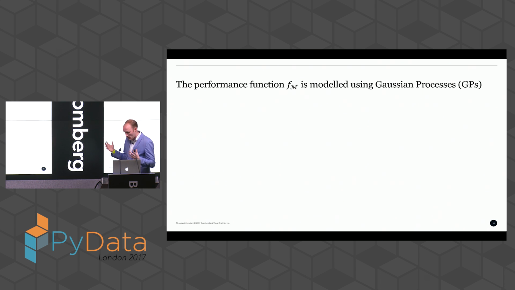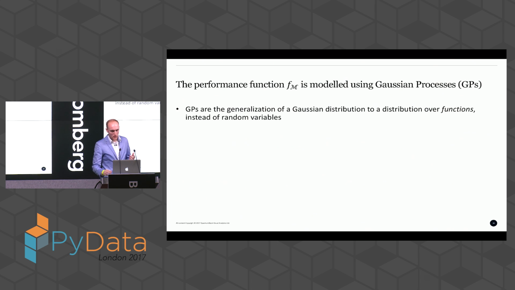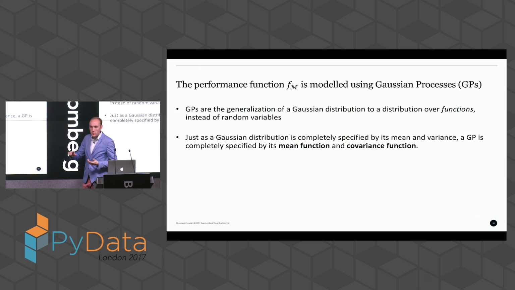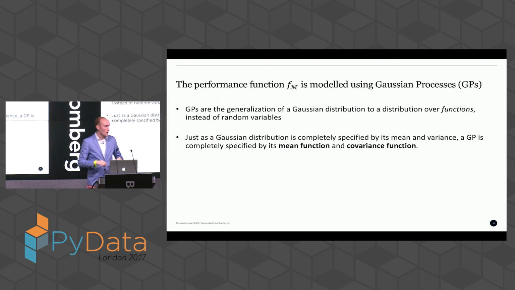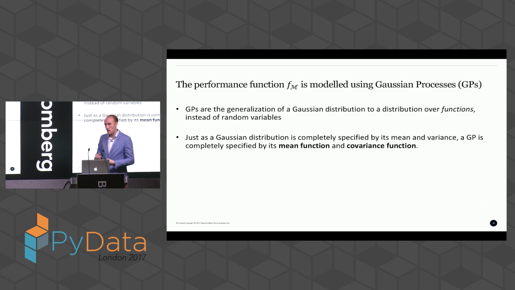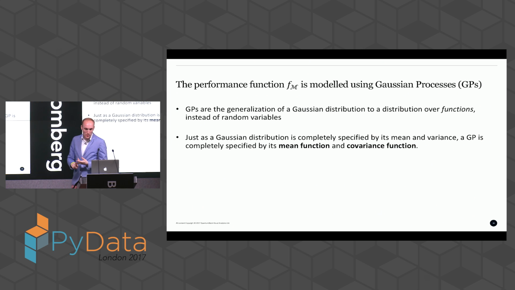You can think of Gaussian processes as a generalization of a Gaussian or normal distribution, but instead of over real numbers, it is a generalization over functions. And just like a normal variable is completely defined by its mean and its standard deviation, a Gaussian process is completely defined by its mean function and its covariance function.